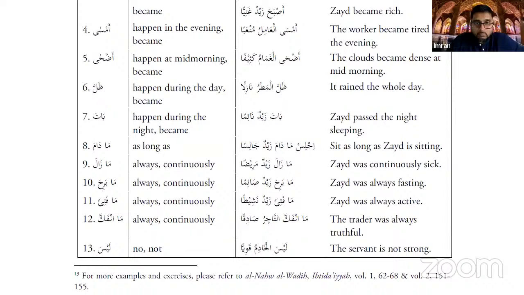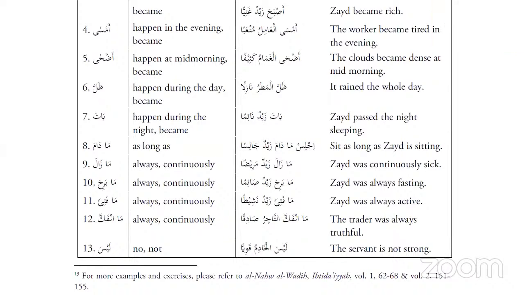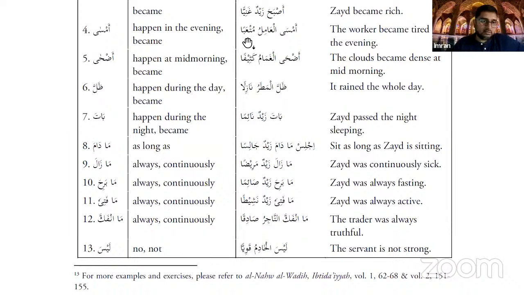Excellent. Dhalla, happened during the day or became, midday. Dhallal mataru nazilan, it rained the whole day. So mataru is ismu dhalla, and nazilan is khabar dhalla. Excellent. Is this clear? Yes, sir.